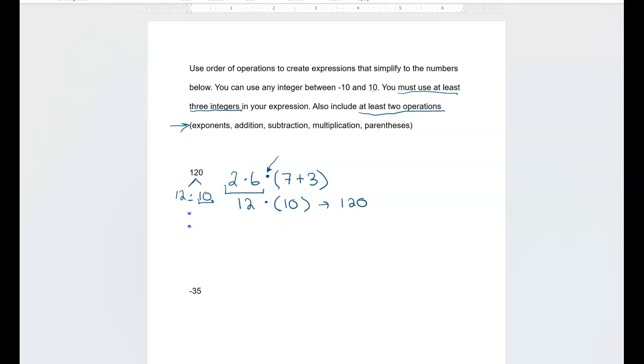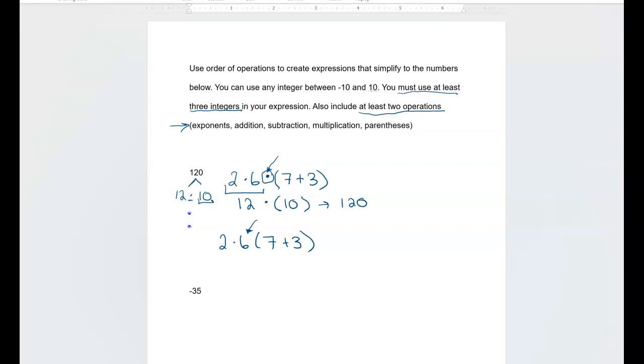So the first expression is absolutely fine. I'm going to rewrite it, though, like this. And notice I just replaced the dot here with the number right next to the parenthesis. So there you go. That is one of many expressions that get you to 120.